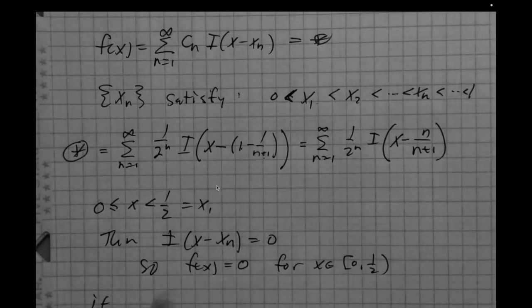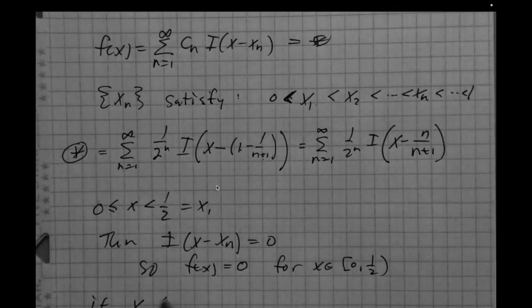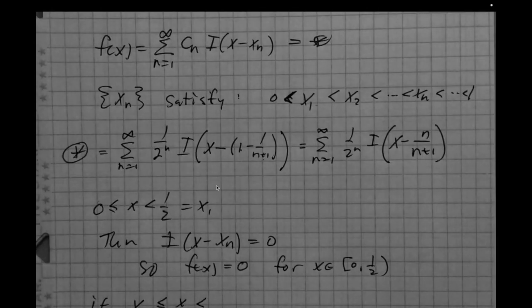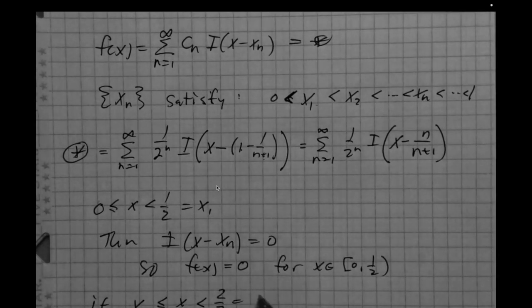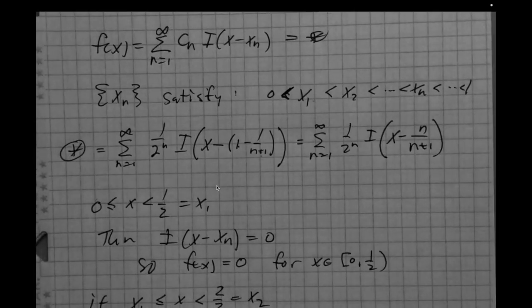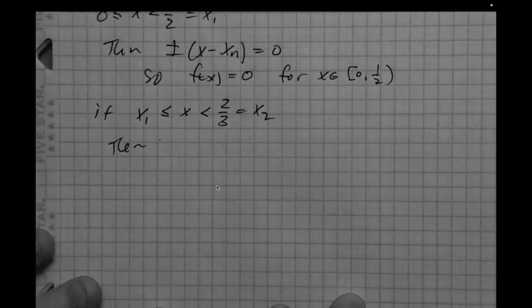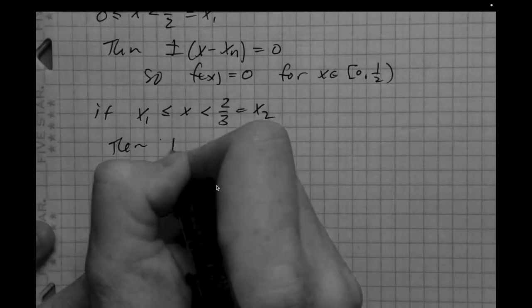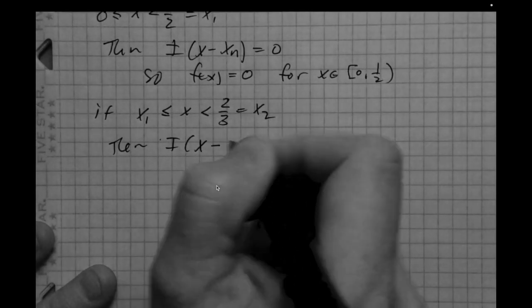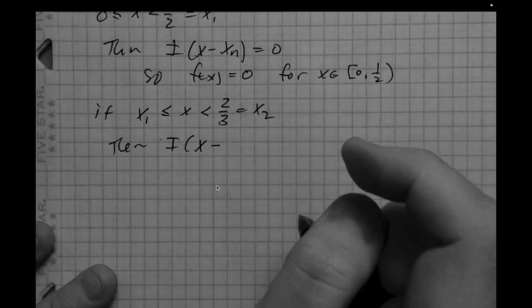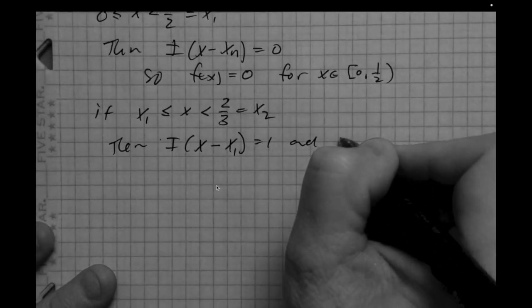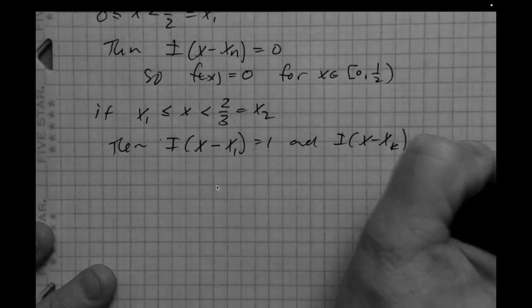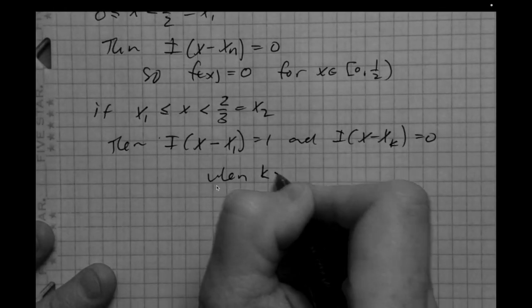Then we could say that if x_1 is less than or equal to x, which is less than x_2, which, if you look at here, is 2/3, then I of x minus x_1 equals 1, and I of x minus x_k is equal to 0 when k is greater than or equal to 2.